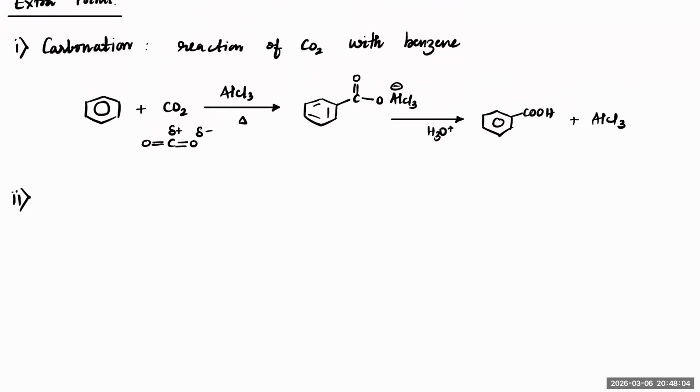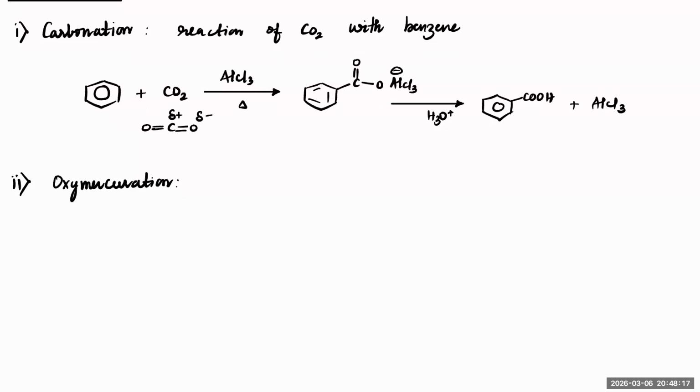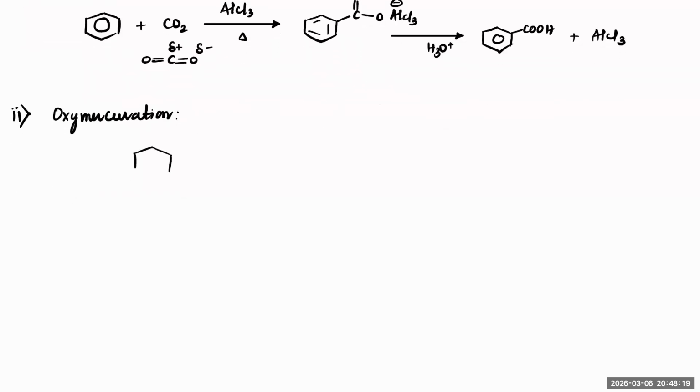The second such reaction is oxymercuration. We have come across oxymercuration in the case of alkenes, right? The overall reaction is like this. When you have benzene, you could imagine a similar type of addition to how we did it in alkenes.